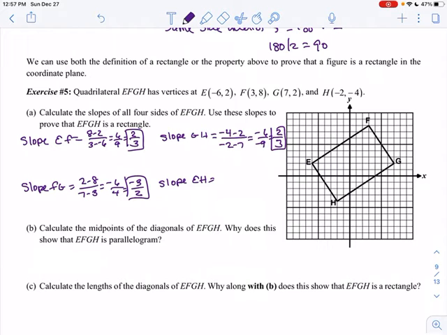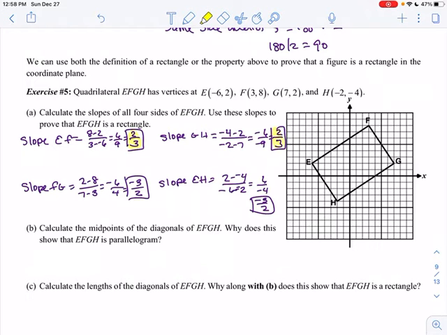And that reduces to 2/3. And then EH, last side, is going to be 2 minus -4 over -6 minus 2, which is 6 over -4, and that gives me -3/2.